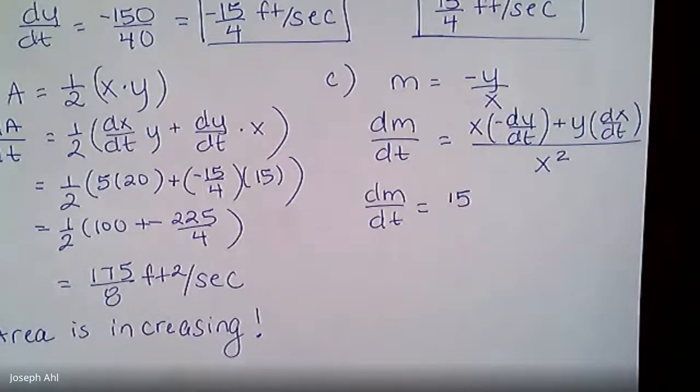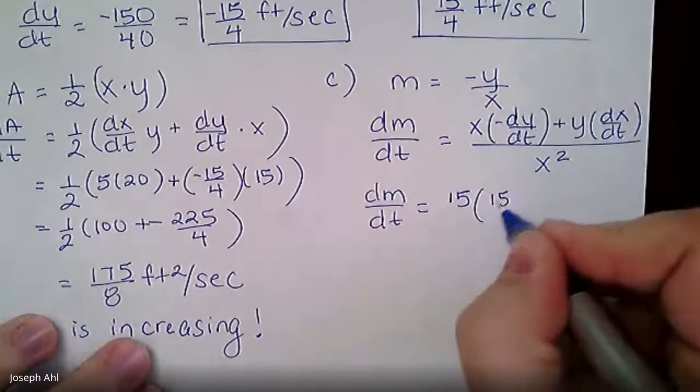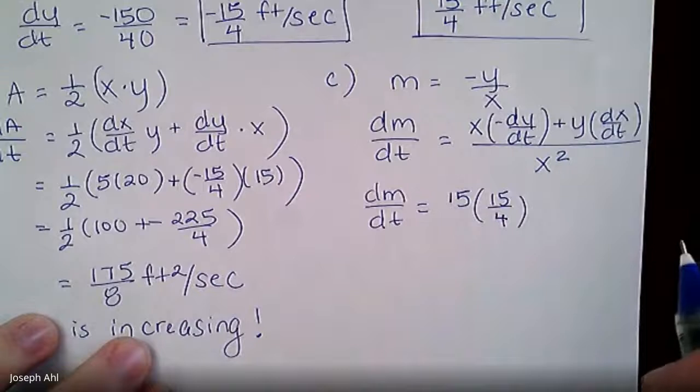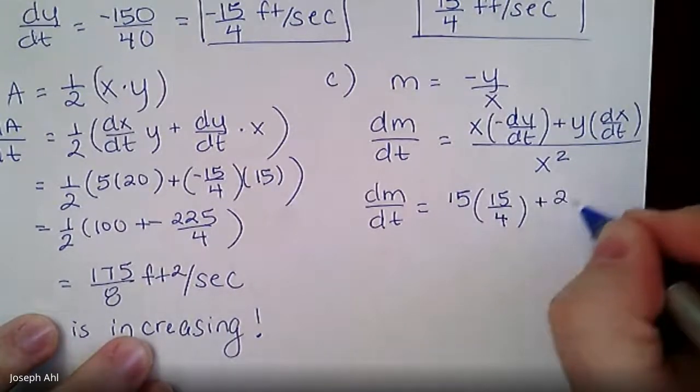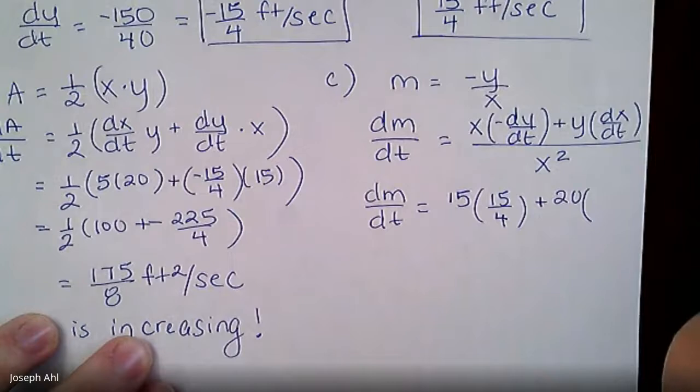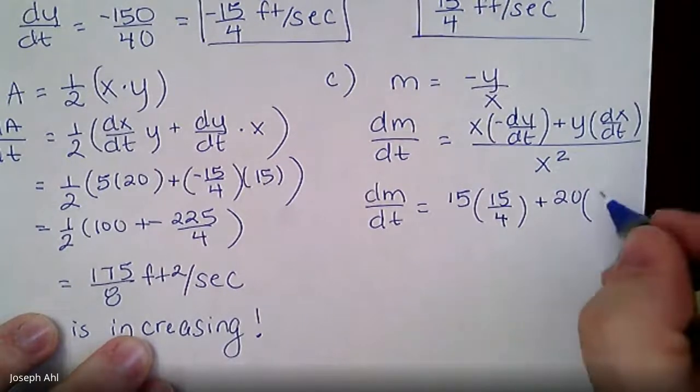We have negative dy/dt, which is going to wind up being positive 15/4. And then plus y, which is 20. And then dx/dt we know is 5.